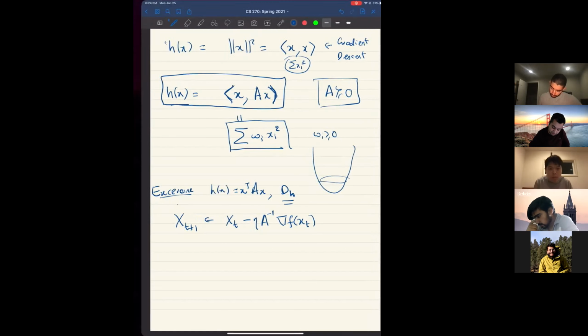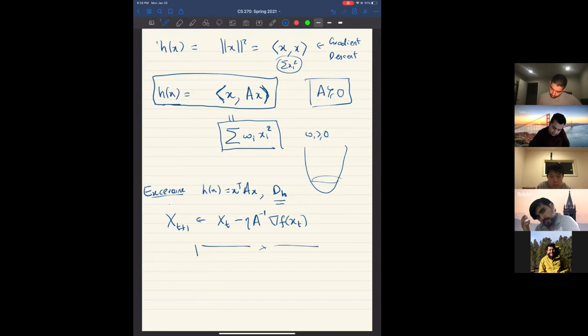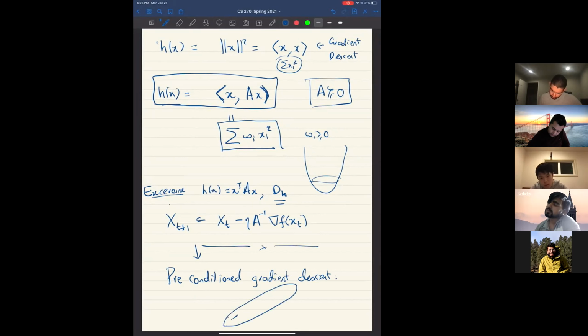So this gives you what we were referring to last time. This is basically preconditioned gradient descent. In the last class, towards the end, we were talking about this issue: if you have a contour which is very steep along one direction and very flat along another direction, you would want to adjust your gradient descent to take this into account, meaning it can take long steps in the direction where it's flat and very narrow steps in the direction where it is steep.